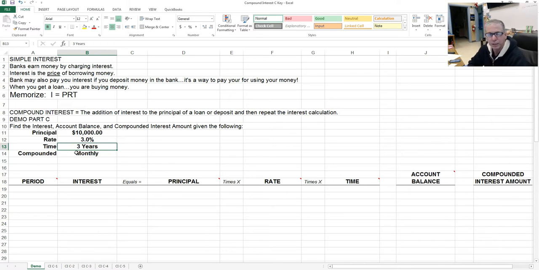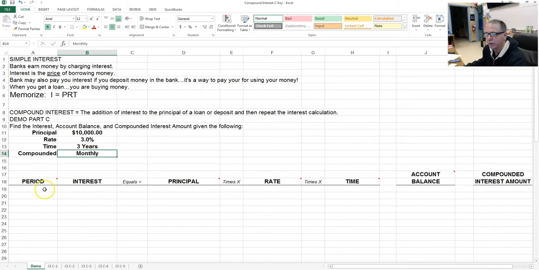The first thing you need to do is determine how many compounding periods this would be. 3 years, compounded monthly, and there are 12 months in a year. Therefore, you're going to have 3 times 12, which equals 36.